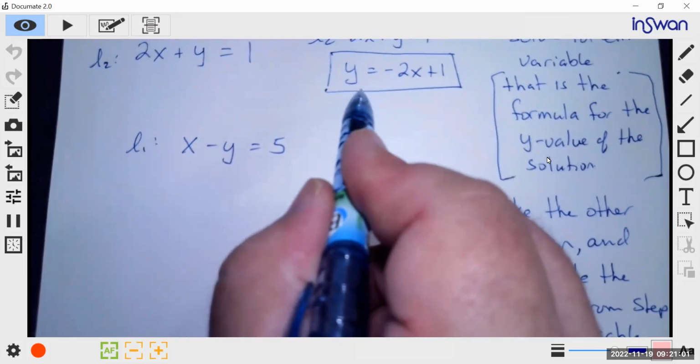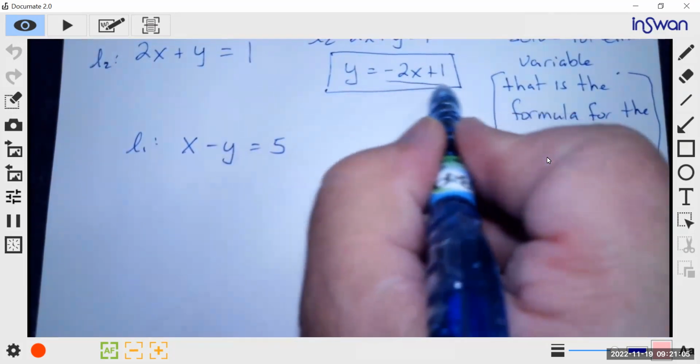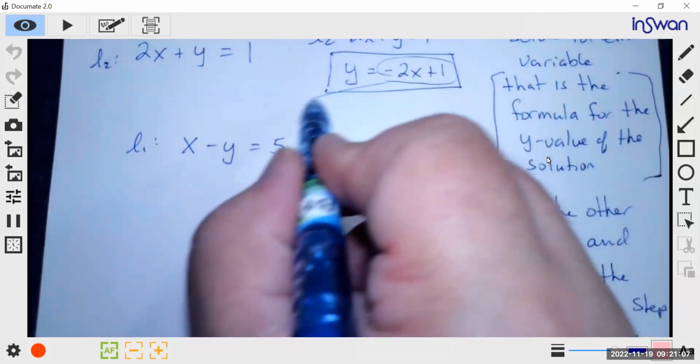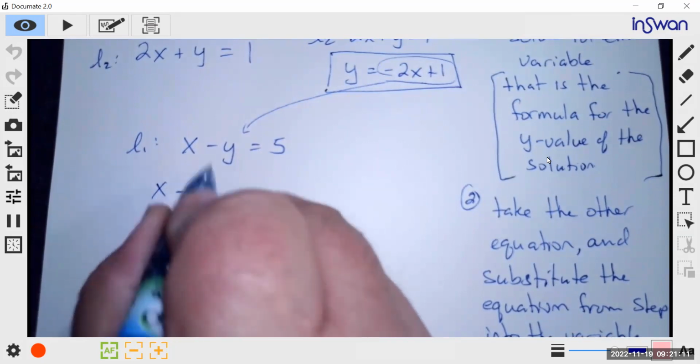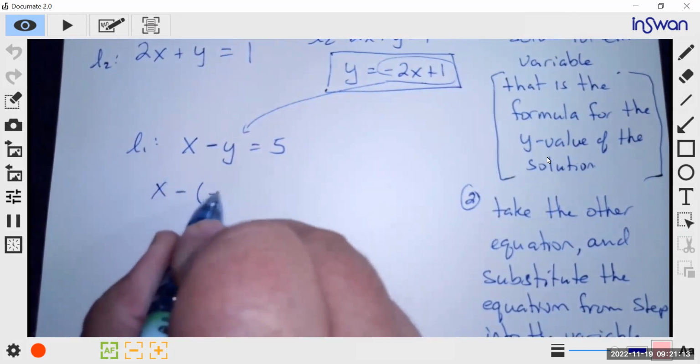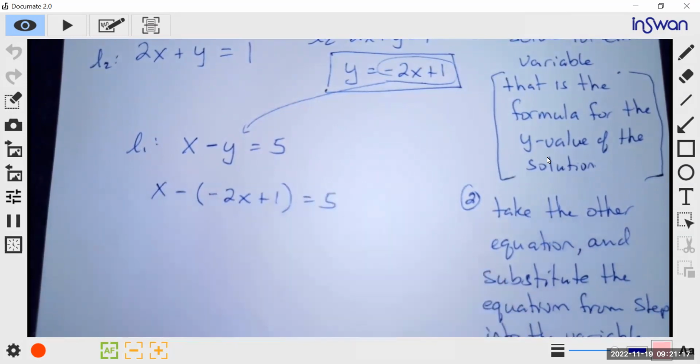So here's the equation from step 1. I know that anywhere I see a y, it equals that. So since it's after a minus sign, I put in parentheses. So it's x minus (negative 2x plus 1) equals 5.